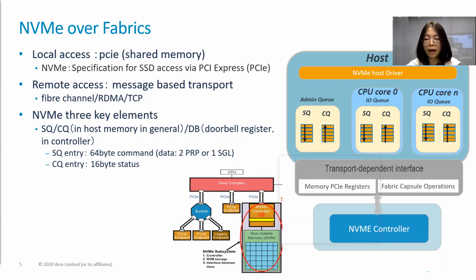PRP and SGL are both structures to describe the memory for data. In each subsystem, we have only one admin submission and completion queue pair, and there may be up to 64K minus 1 I/O queue pairs.